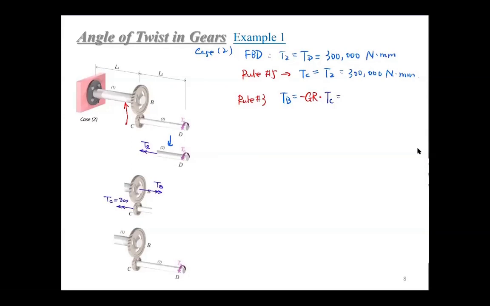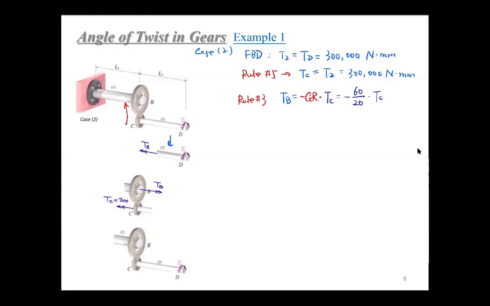So here we got negative 60 over 20 times TC. This is just our golden rule. Our golden rule said you can ignore the real numbers of the gear ratio and just do this analysis: a larger gear will always have a larger torque.